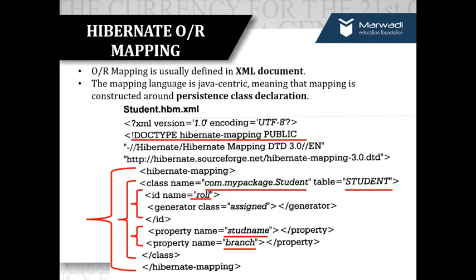Now here the column names are not specified, the column attribute itself is not specified, because here we have to assume that the property names of the Java class, student class, are similar or same as the column names of the student table. So in that case, it is optional if you don't provide the column name. It considers it to be similar.